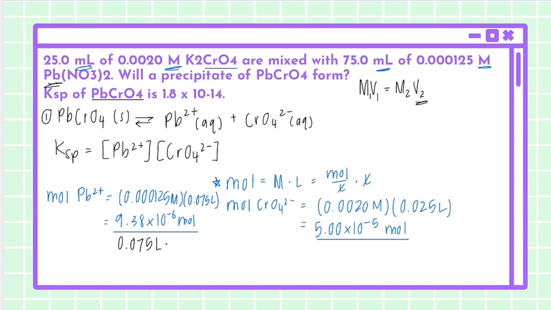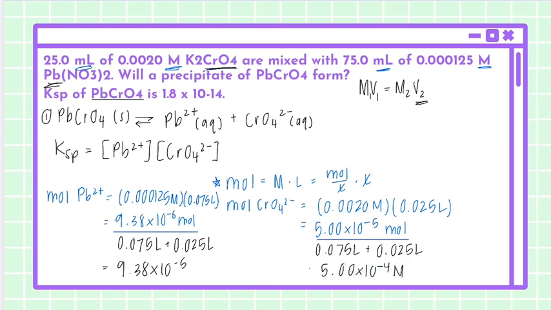We added 0.025 liters of our K2CrO4. When we divide by both of these, we get a new value over here of 9.38 times 10 to the negative fifth, and we get 5.00 times 10 to the negative fourth molarity.